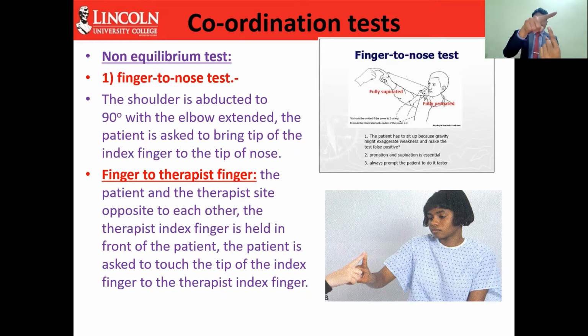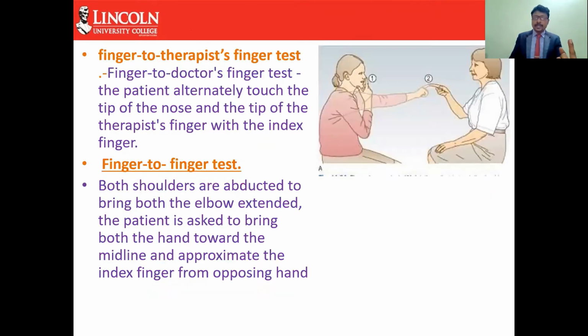They may overshoot and cross the finger, or fall short with hypometria. They search for the finger because they are unable to find it. A normal person will touch the finger directly, with rhythmic movements. So this is the finger to therapist finger test.